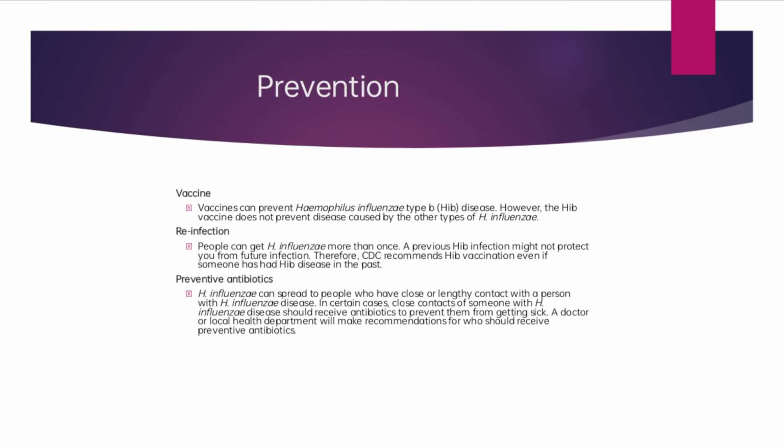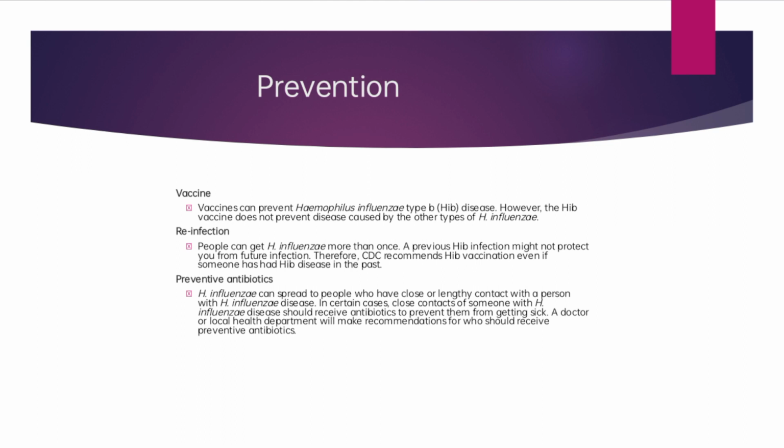So first of all, prevention is vaccination. Haemophilus influenzae has vaccinations available through government organizations. Vaccination can prevent Haemophilus influenzae type b disease, a bacterial disease.